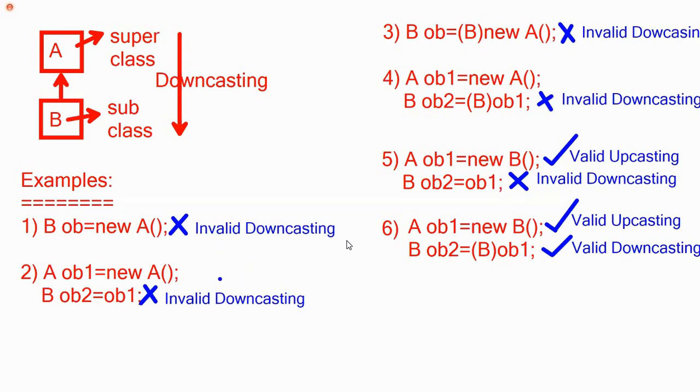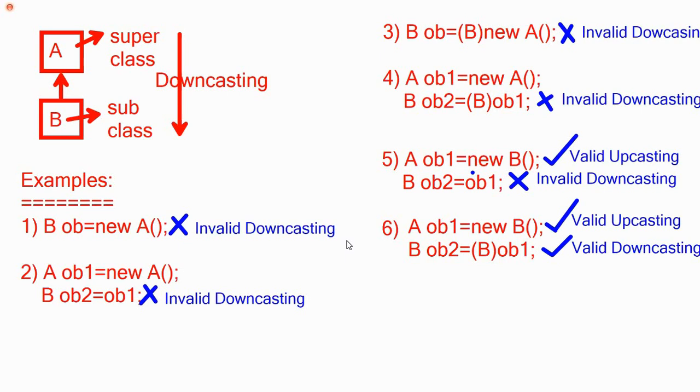Invalid downcasting. Once again, why is the fifth one not valid? There is no explicit type conversion. Why are the third and fourth not valid? There is no upcasting. Why are the first and second not valid? There is no upcasting and there is no explicit type conversion.